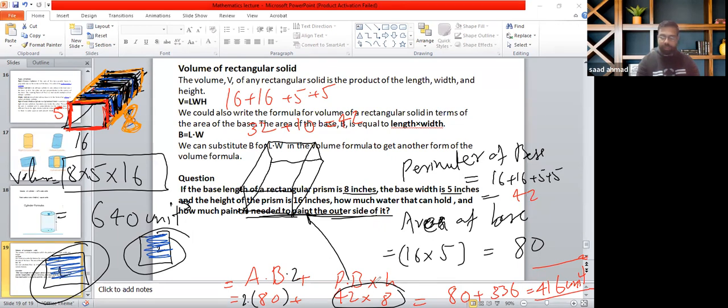This one is the surface area of the connecting part, and this one is the surface area for the front and the back. That gives us the surface area of the whole thing.